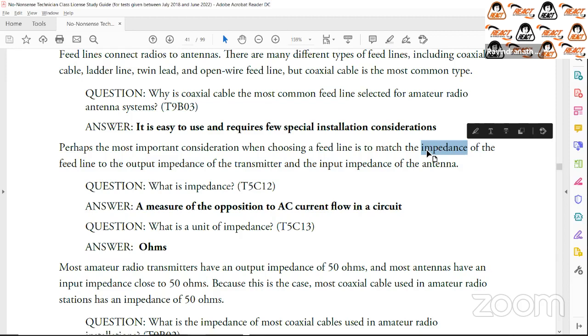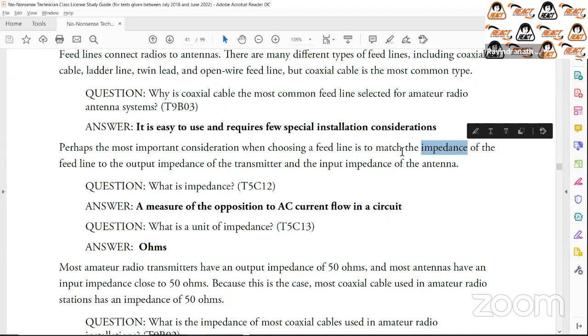Now we need to discuss what impedance is. If you recall, when we were looking at DC circuits, we talked about resistance. So you could think of impedance as resistance, except that impedance applies to AC circuits. Impedance is the opposition to flow of AC current, whereas resistance is the opposition to flow, you could say, for DC current.